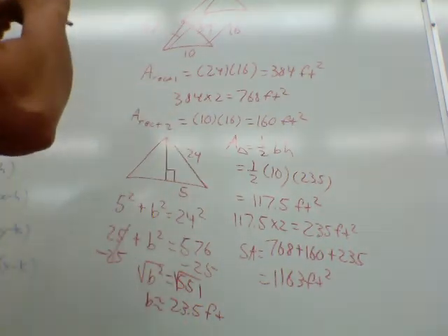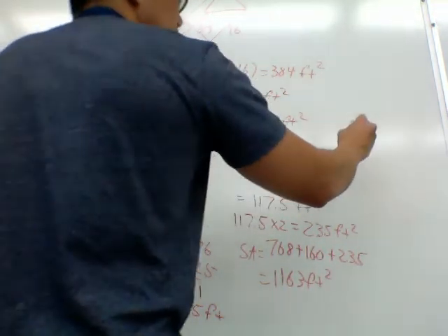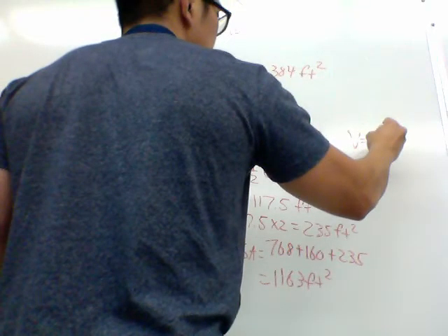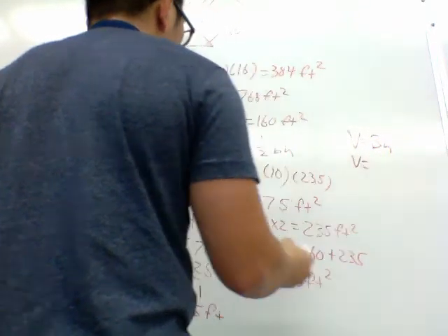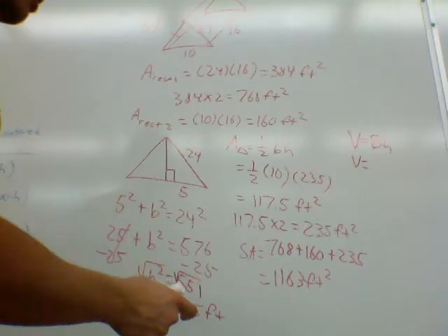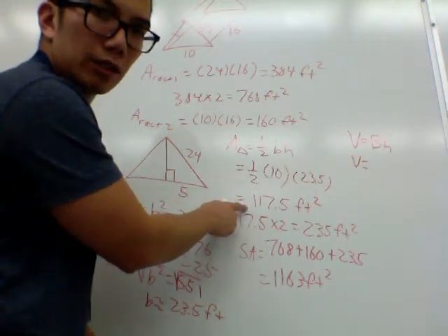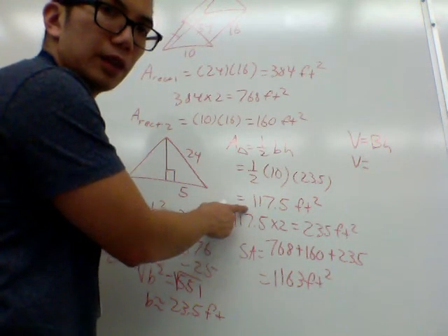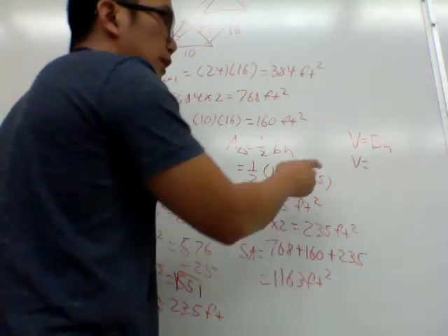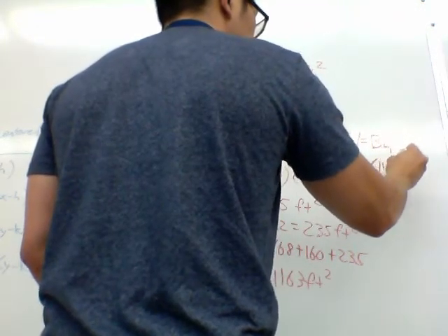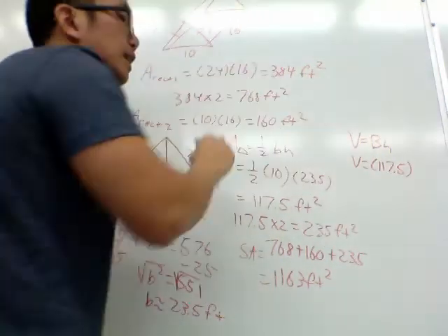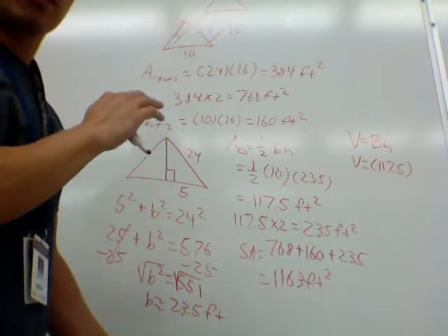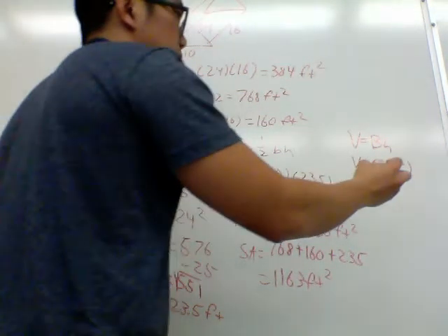Now volume is pretty easy. It's still a prism. So volume is equal to big B times H. I found the area of the triangle. It's right here. It's 117.5 feet. That's the area of my base, so that goes into big B. And then the height of the prism, if we turn the prism over, would be 16.